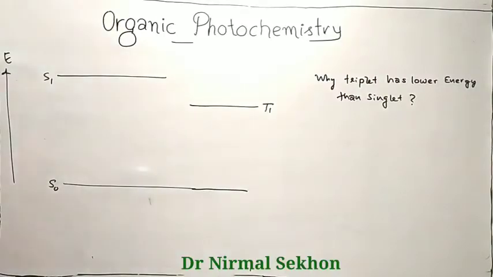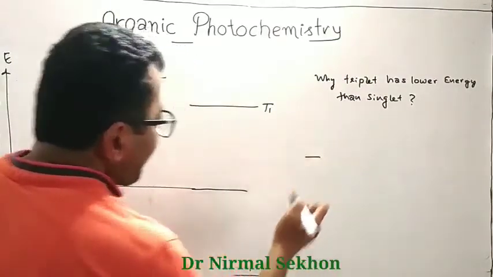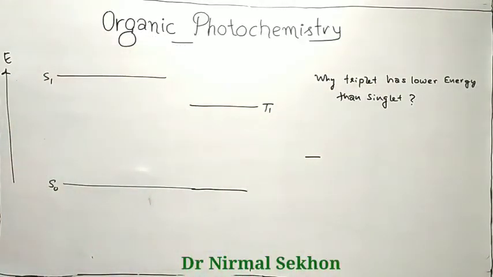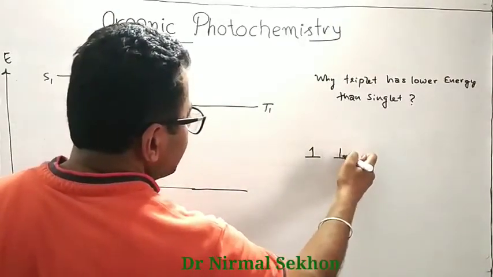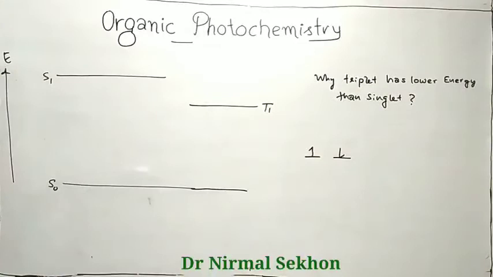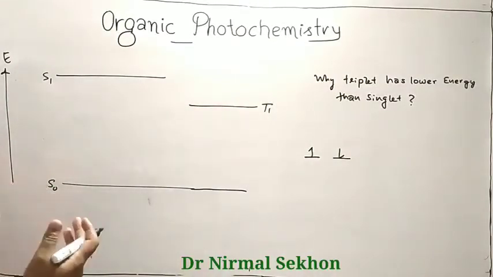Now see, what is singlet? One electron with, you can say, plus half, another electron with minus half. This was the singlet. So when these two electrons are in opposite spin, they love to pair up.